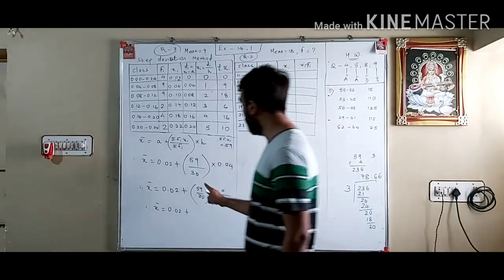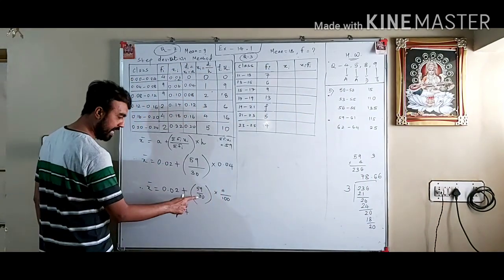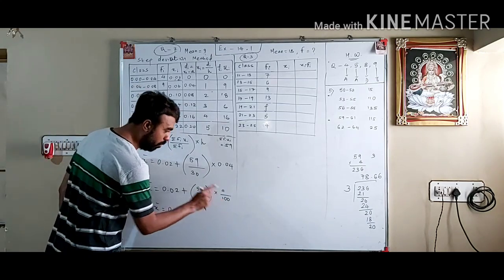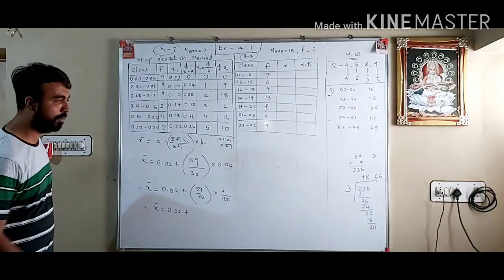So I have multiplied 59 by 4, then I have divided by 3, but you have 3 more zeros, so you need to put 3 more decimals.